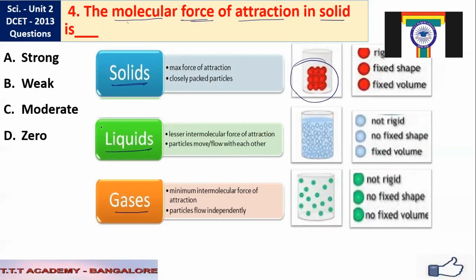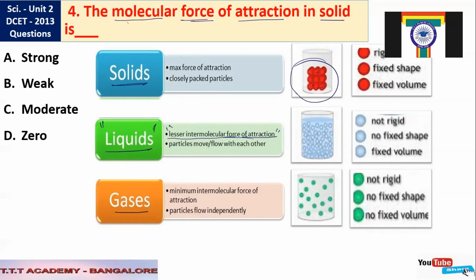If we come to the second one, that is the liquid concept, dear students, we can observe here that as compared to solids, liquids have some free spaces. That means between one liquid molecule and another liquid molecule, there is some amount of space, and lesser intermolecular force of attraction in liquid compared with solids.